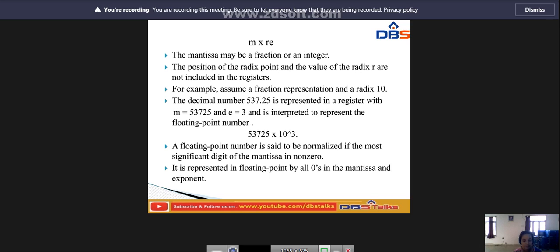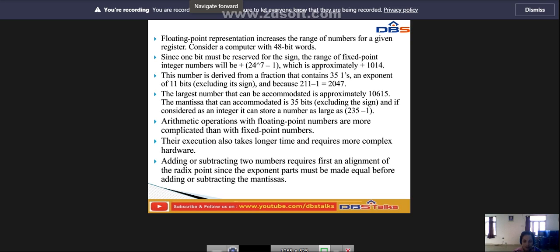Assume a fraction representation for the mantissa and taking the two sign bits into consideration, the range of numbers that can be represented is plus or minus (1 minus 2 power minus 35) into 2 power 2047.